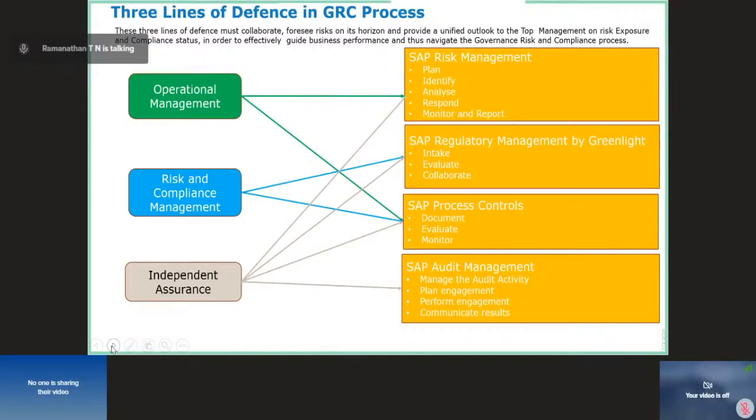Then there is the independent assurance team, who look at all four: risk management, regulatory process, and audit management, because they are independent people, so they necessarily have to look at the holistic picture. Okay, so that's the structure.